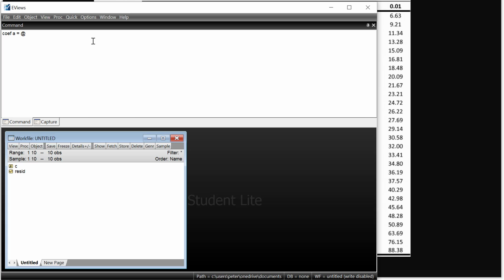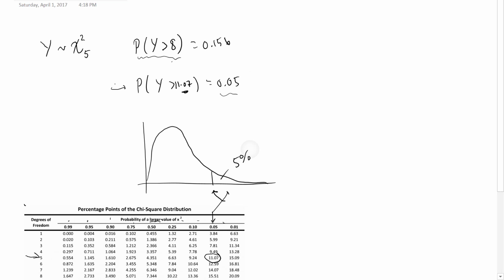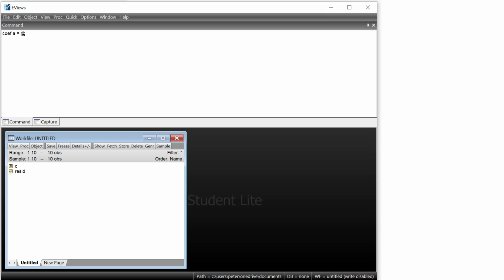If you want to solve this problem with the chi-square distribution, then the function you should use is qchisq. Then put the probability, and it wants the probability in the left-hand tail. So 5% in the right, 95% in the left. Then 5 degrees of freedom, and you can see that A popped up right there.